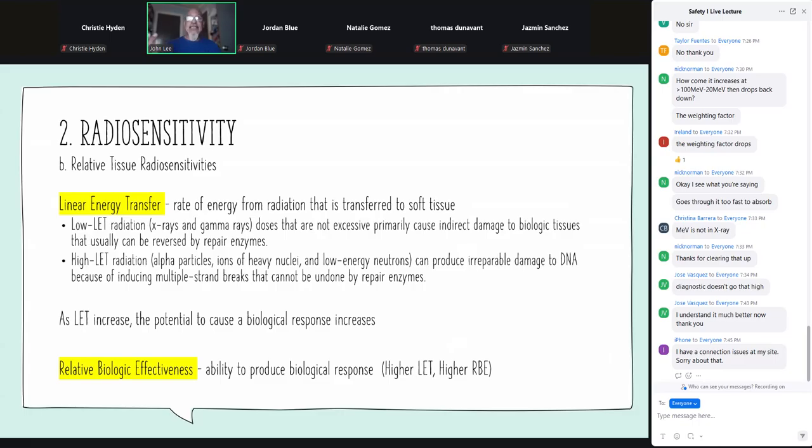As the LET of radiation increases, the potential to cause a biologic response is going to go up as well. The relative biologic effectiveness, or the RBE, is the ability to produce a biologic response. A higher LET will ultimately yield a higher RBE.